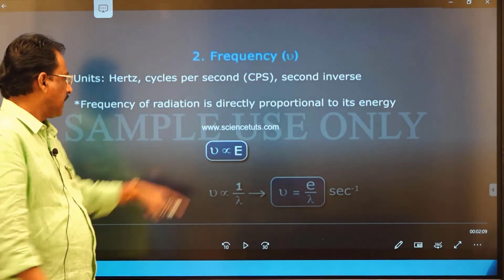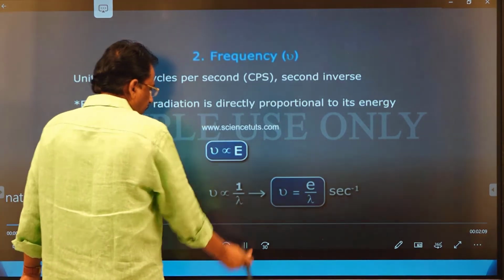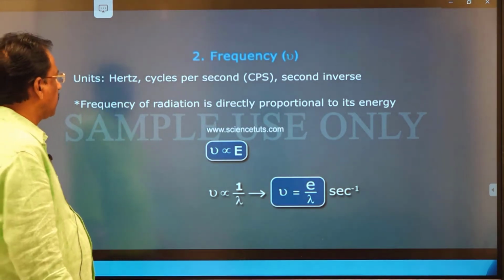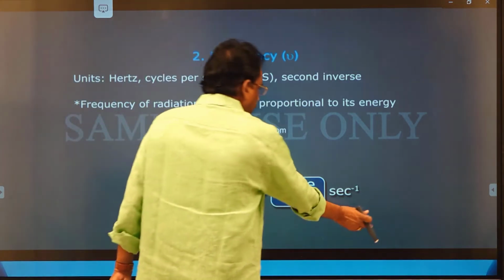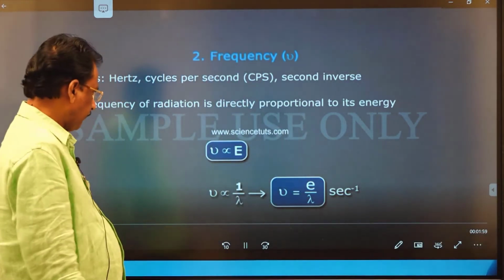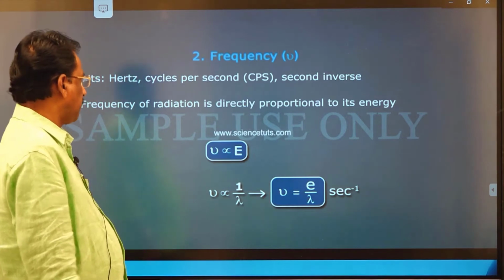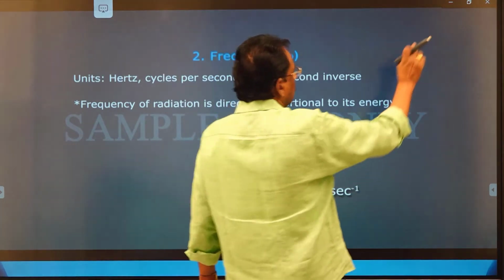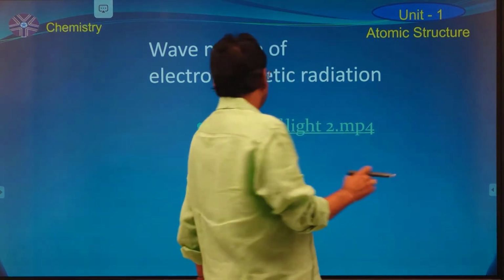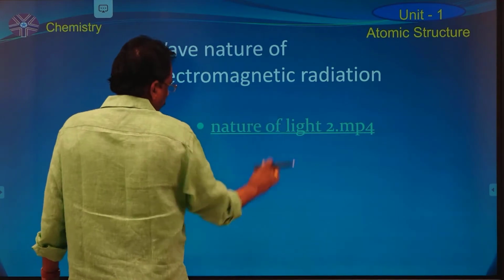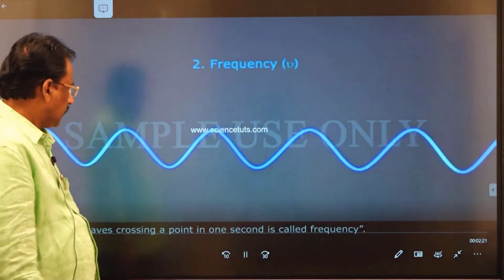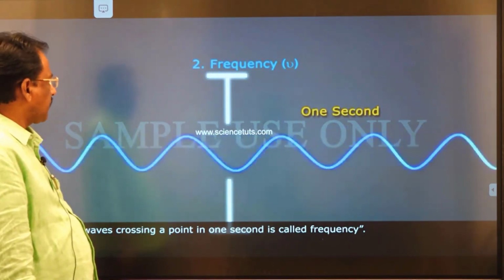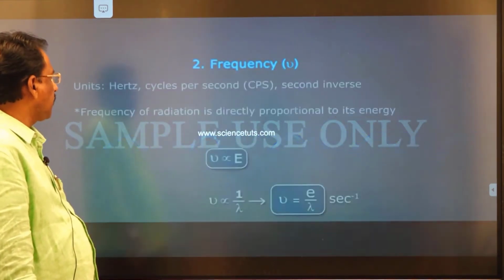That's why energy and frequency are directly proportional to each other. So this is about the frequency of one of the types of electromagnetic radiation.